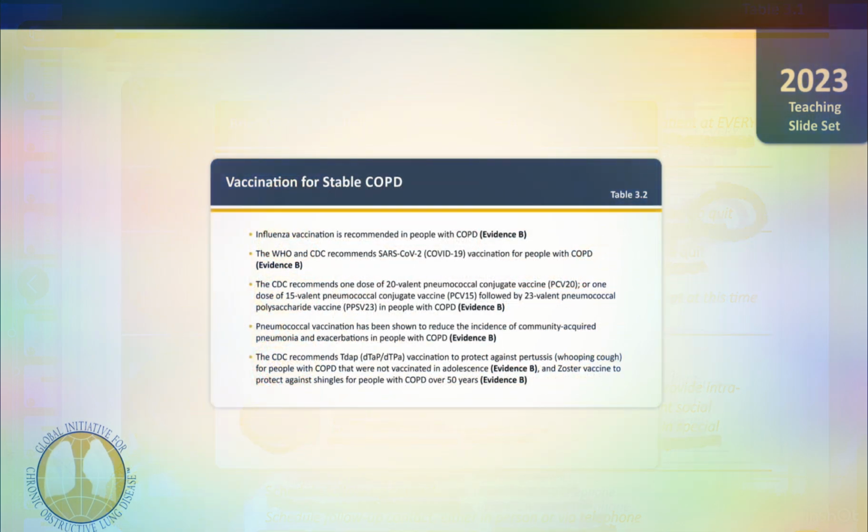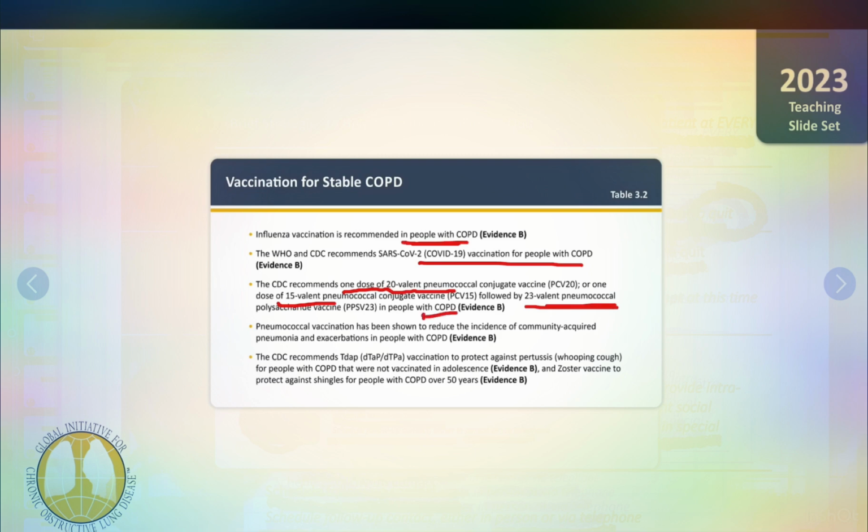After that they are telling about vaccination for stable COPD patients. Influenza vaccination is recommended in patients with COPD. Obviously, COVID-19 vaccination is also recommended, and the CDC recommends one dose of 20-valent pneumococcal vaccine or one dose of 15-valent, either of them, followed by 23-valent pneumococcal polysaccharide vaccination in people with COPD.